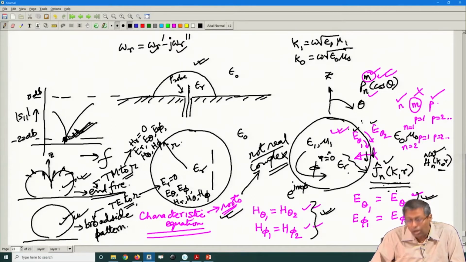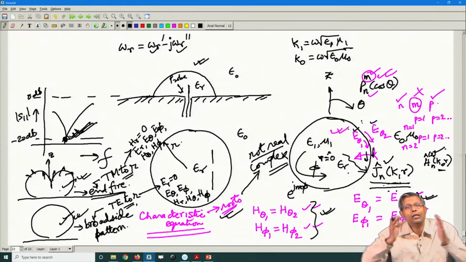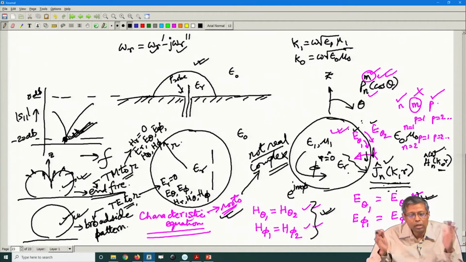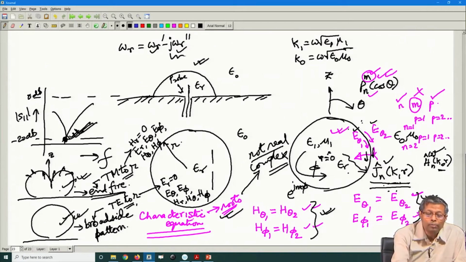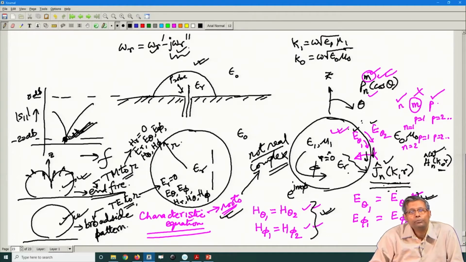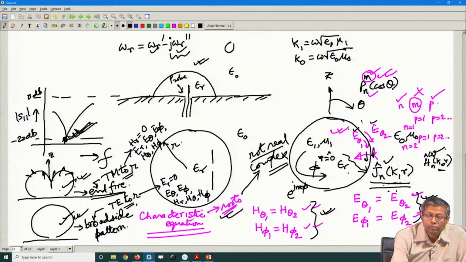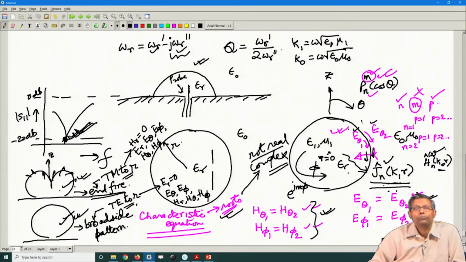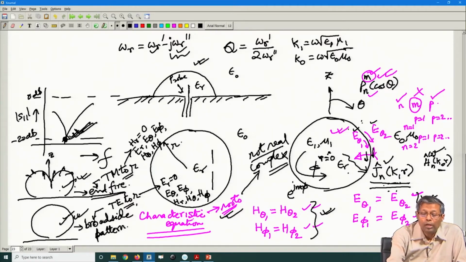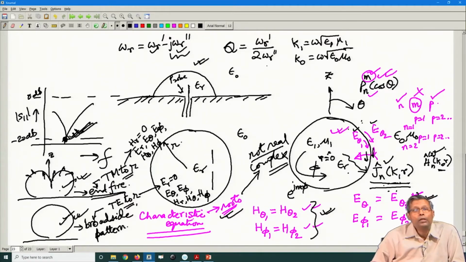You have to also understand that any kind of radiating structure will have an imaginary part of the resonance frequency. Not only that, the quality factor of the antenna will be given by omega r by 2 omega r double prime, the real part of the resonance by twice the imaginary part of the resonance.